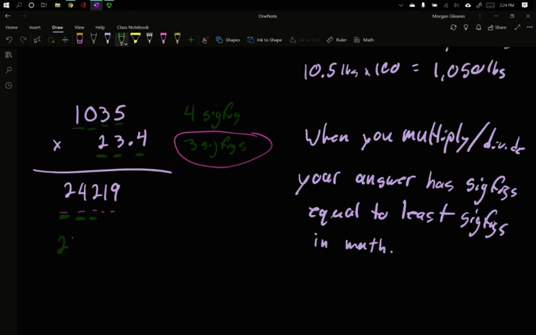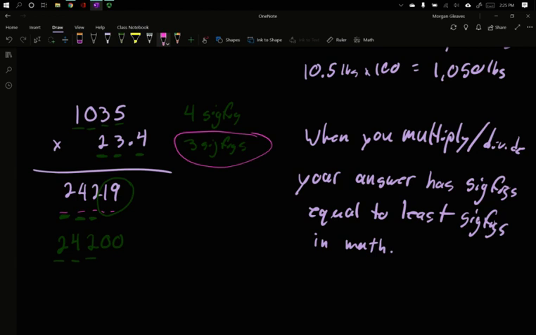This is going to be the 2, the 4, and I get to keep the next one, but I look at everything after it and I say, is that going to round up or down? Well, 19 is nowhere near 50. If this next one was a 5, we would round up. If it's less than a 5, we'd round down. Even 19 is less than a 5. So this rounds down, and this becomes just 200. In this way, I have 3 sig figs, and I still have my 24,000 that I need.